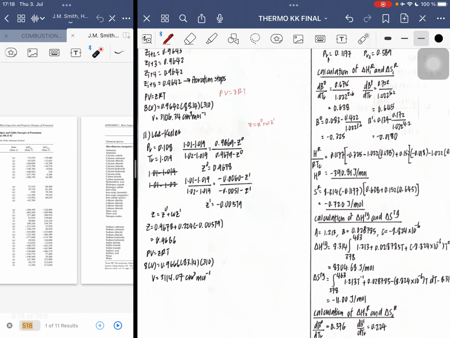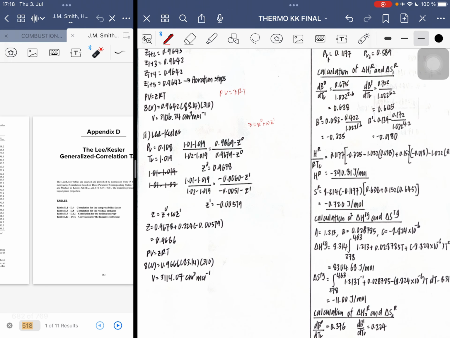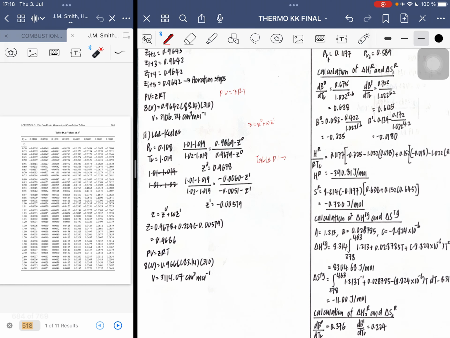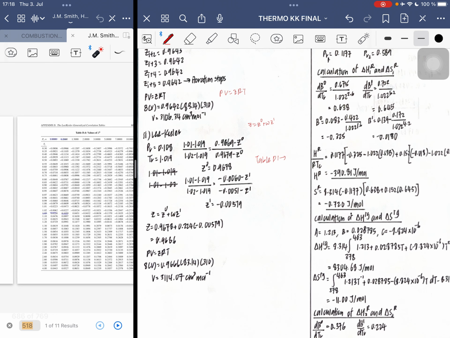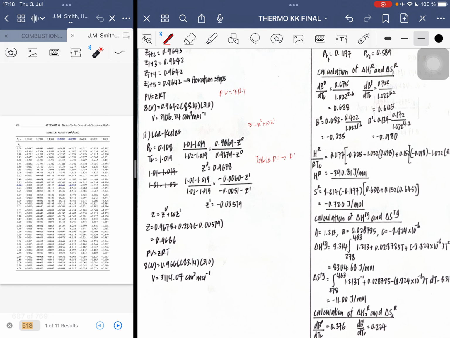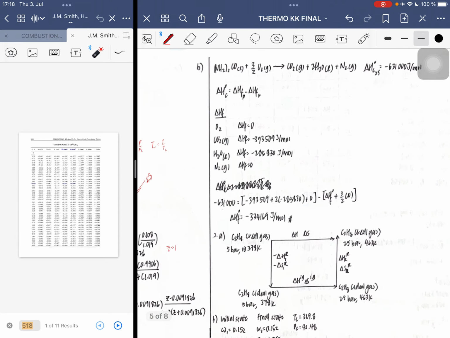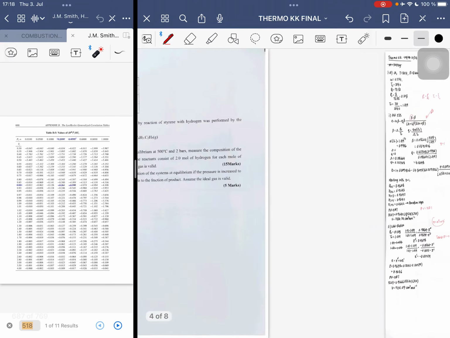It's appendix D, tables D1 up to D4 actually, depending on your PR and TR values. Then just substitute into the Lee-Kesler equation, find Z, and then you can find V. Pretty much that's it.